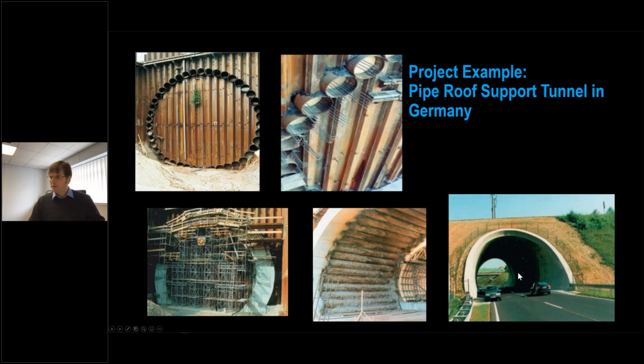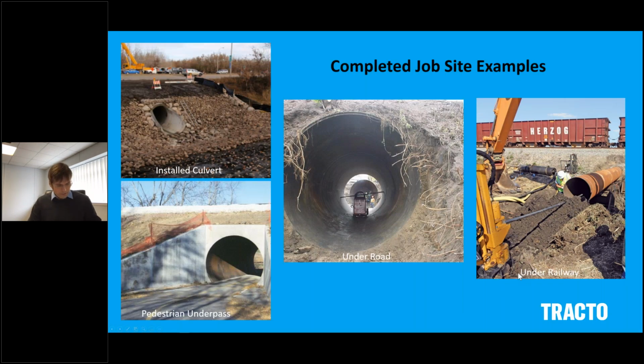So, as I said, ramming lends itself to all sorts of installations. As long as we install a steel pipe, we can install it, well, almost anywhere, whether it's culverts under roads, under rail dams, whether it's an underpath, a road, or a cycling path, or whatever you want to install.